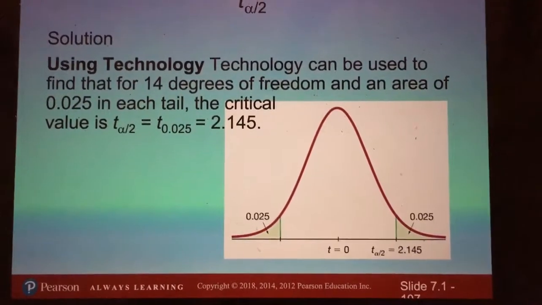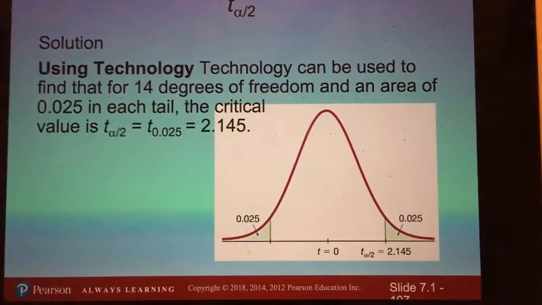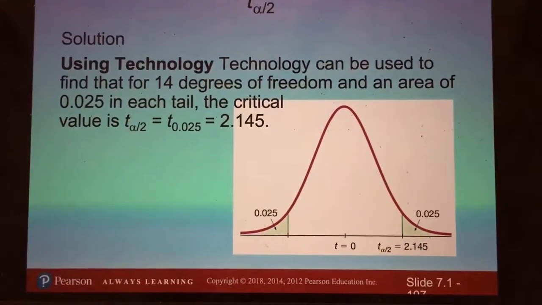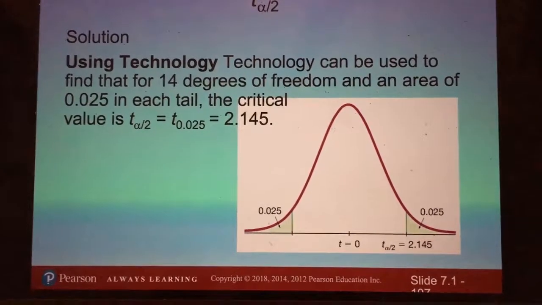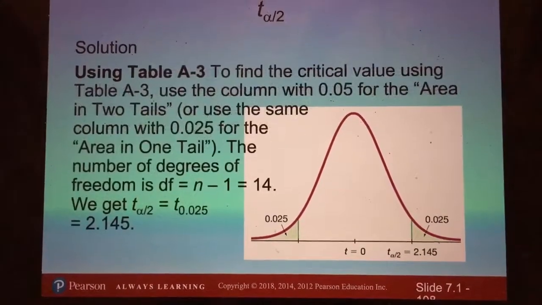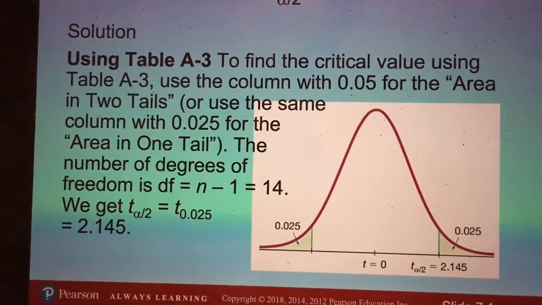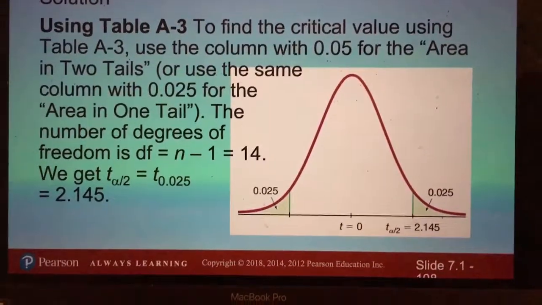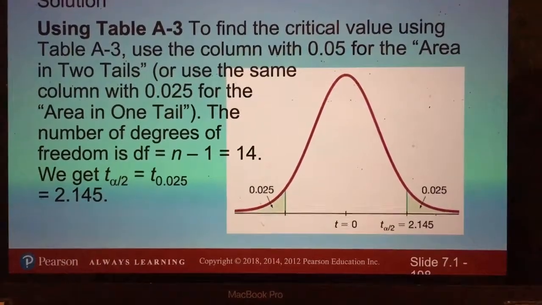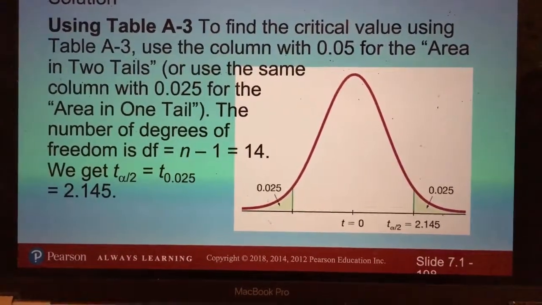There it is again. Okay, so if you're going to use technology to do this, then we're going to use a T distribution technology, which we will show you here shortly. All right, so if I'm going to do the same thing with this one, I'm going to use the calculator for this one.